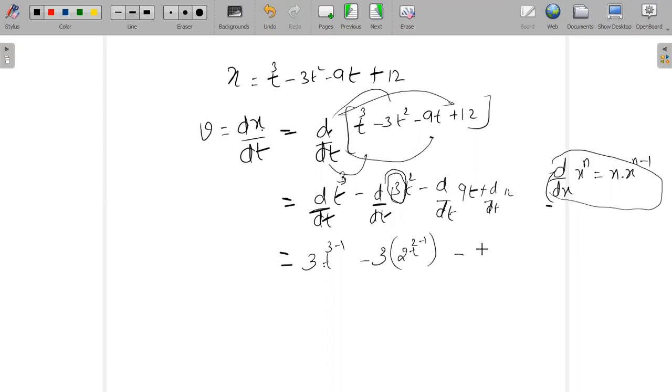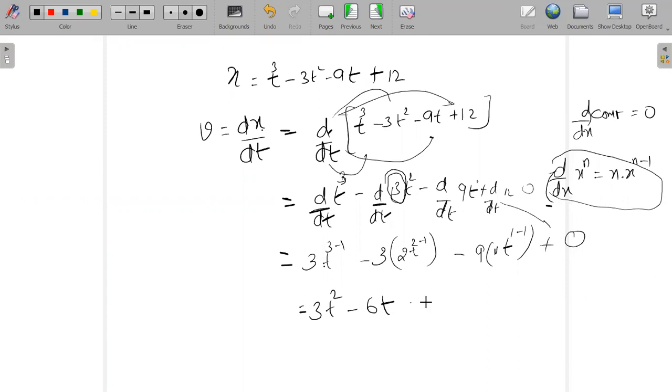Minus 9, a constant, times the power of t, which is 1, so 1 into t raised to 1 minus 1. Here there is no t, so this is completely constant, and the differentiation of a constant is always equal to 0. So the value becomes 3t square minus 6t minus 9 into 0.